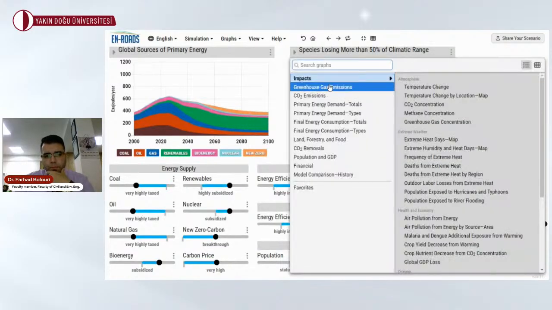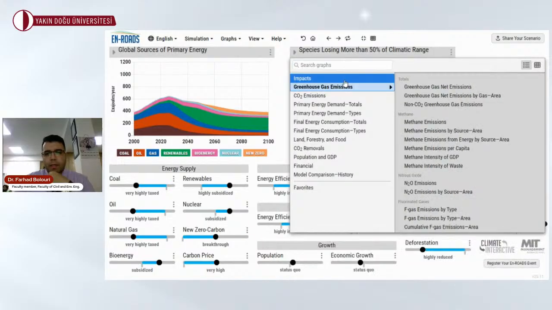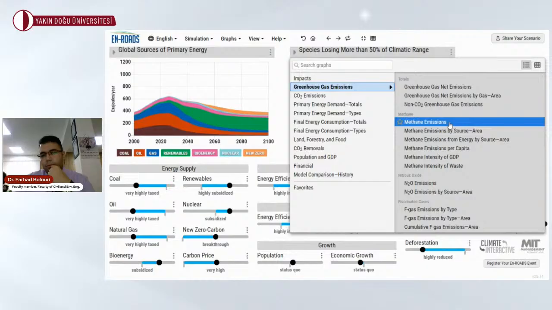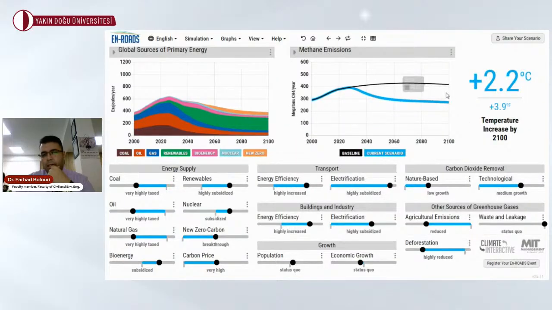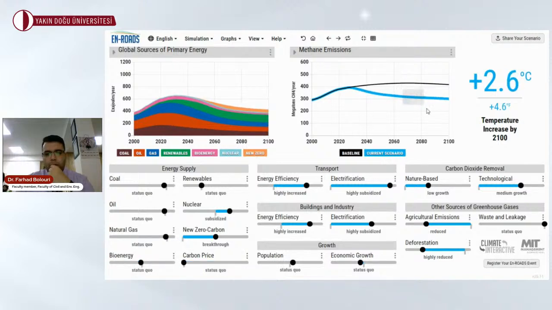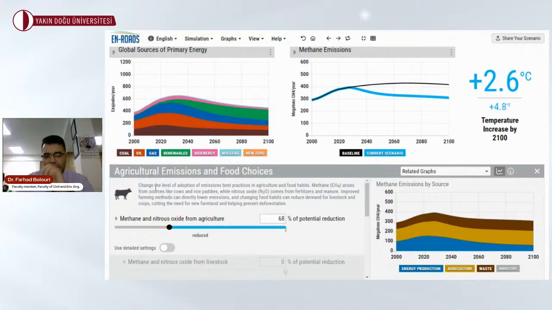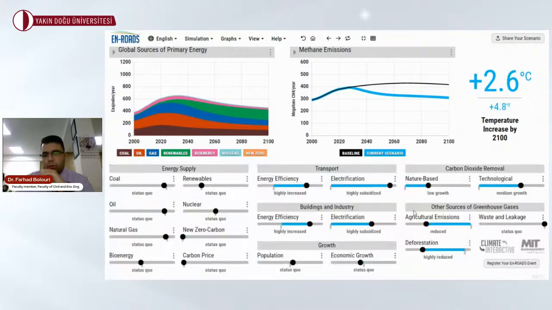About the impacts, we have these ones. About greenhouse gas emissions, we have all of these ones. For example, for methane emission, as I mentioned, if you don't do anything, you can see nothing has much impact on the methane gases. Only the policy that is so important is agriculture emissions, because as I mentioned, it is directly about food production and the other things.